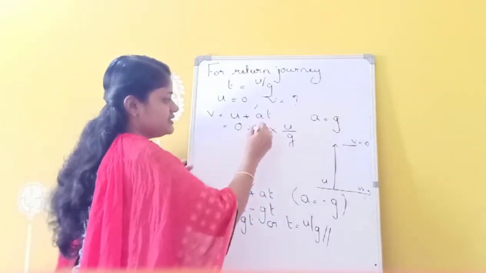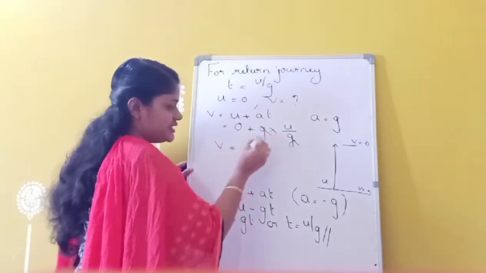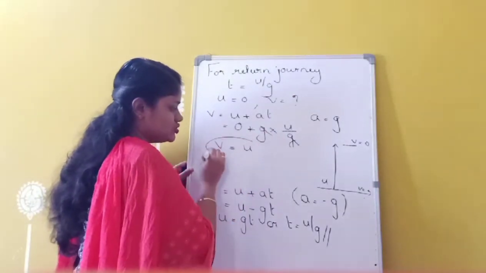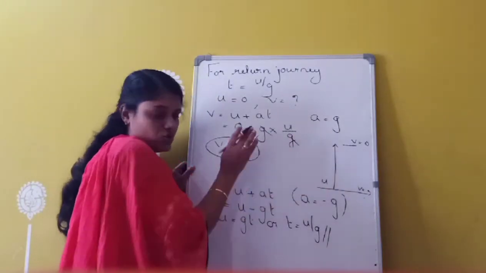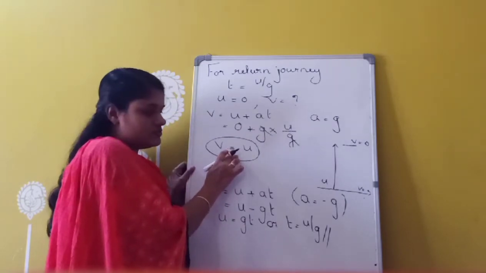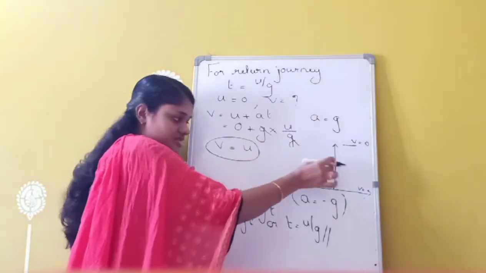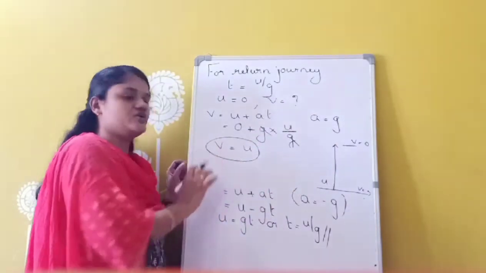So this g and g will cancel, and we get the final velocity v equals initial velocity. So the velocity with which the object strikes the ground is equal to the initial velocity u. That is, v must be equal to u.